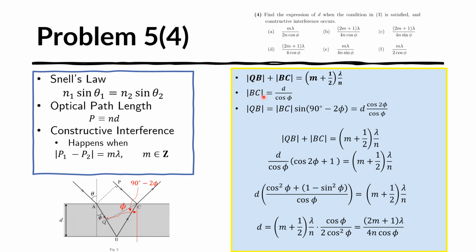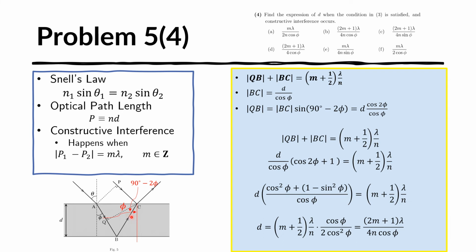First, let us find an expression for BC in terms of the distance D, because this is what we're looking for. Here, we notice that this line segment is actually a reflection of this other line segment along the perpendicular that goes through B, or rather along the normal that goes through B. And that means that the angle here is equal to the angle here.